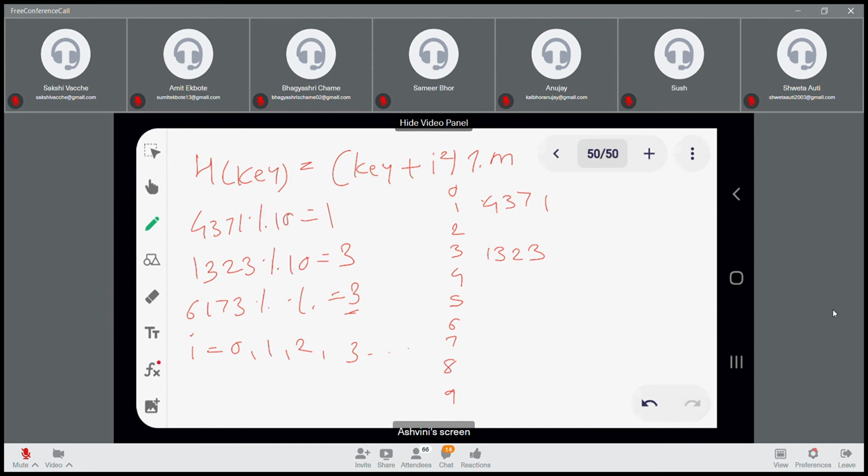So h of 6173, that is the index for 6173 is... just wait a minute.